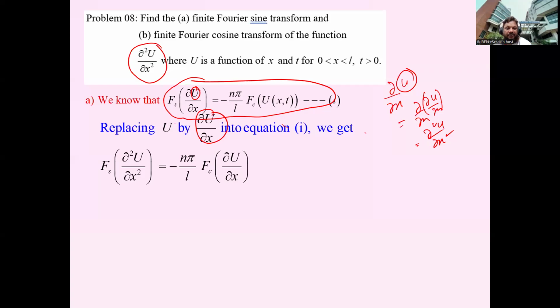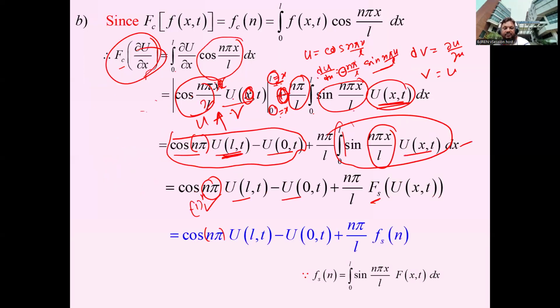That's why on the left hand side, you can write Fourier sine transform of del square u del x square. And on the right hand side, minus n pi by L Fc of del u del x. The value of Fc of del u del x is this one.